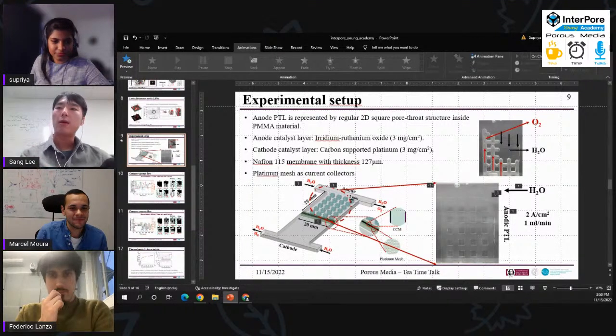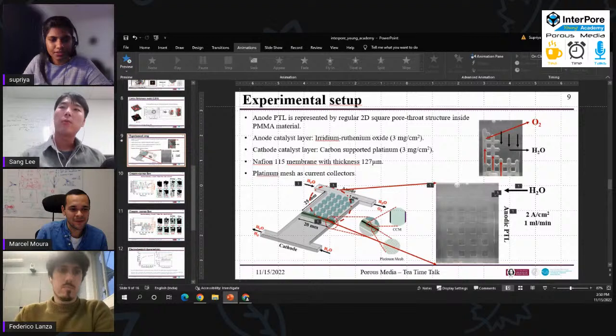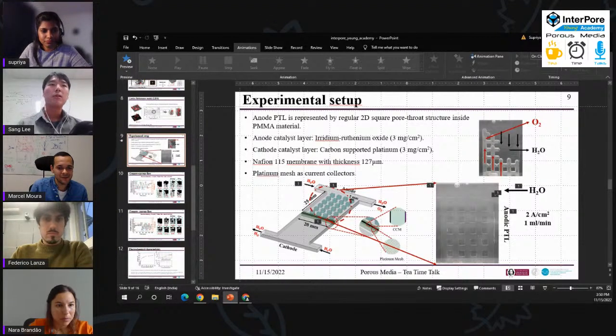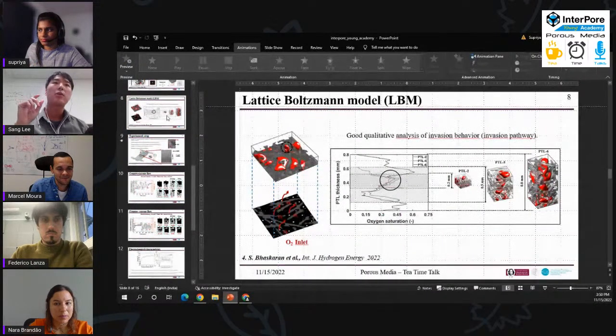I think we may have time for one more question. While the online audience may be thinking of a question, I also have one. When you showed your Lattice Boltzmann model simulation data with different thickness of the transport layer, you showed depth versus oxygen saturation percentage. Yeah, this one.